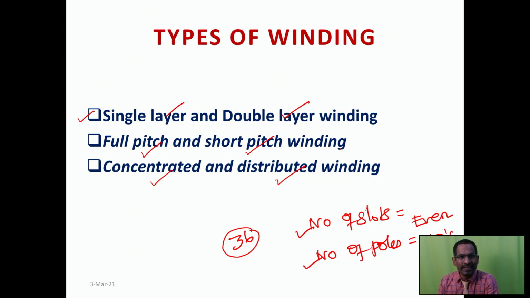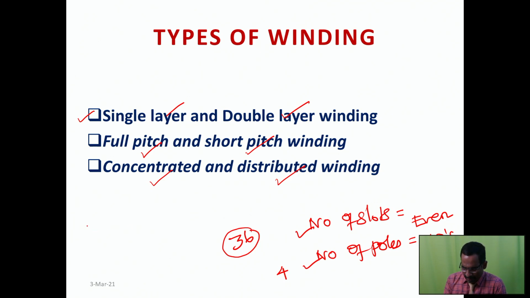What is meant by single layer winding? Before going to single layer or double layer, for example, if I have 36 slots and I am going to design this generator for 4 poles, the number of slots is 36 and the number of poles is 4.